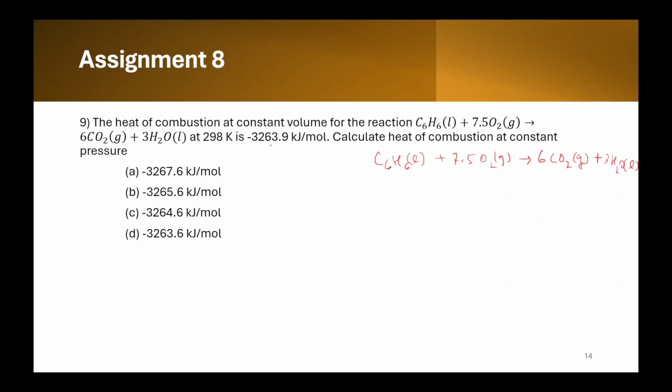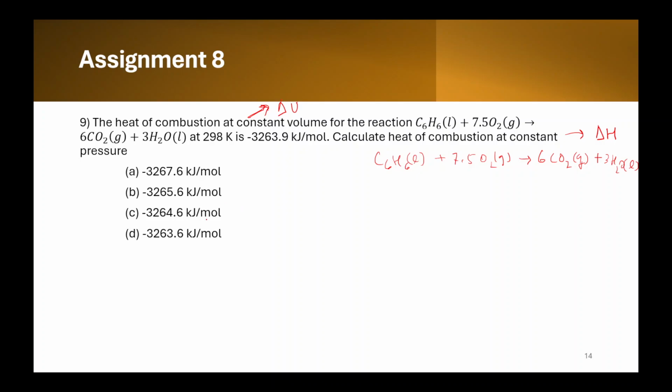So heat of combustion at constant volume. So this will basically be delta U. Heat of combustion, basically heat of reaction at constant volume, because in a bomb calorimeter we basically ignite it, so we combust it. The heat of combustion at constant volume will be delta U here, and we need to compute the heat of combustion at constant pressure. So that will be delta H. We have seen in the overview.